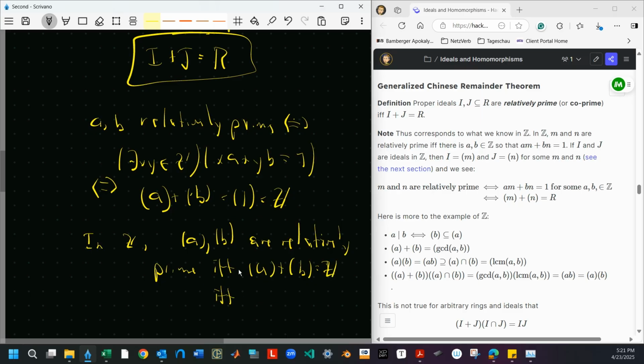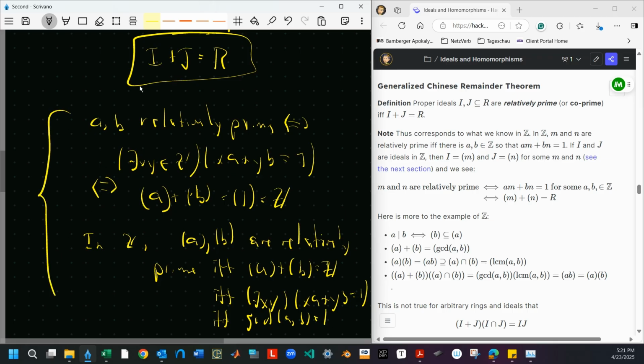If and only if, literally unpacking this, there exist X and Y, because 1 has to be in here, such that XA plus YB equals 1, right? And so this is if and only if the GCD of A and B is 1, right? Which is saying that A and B are relatively prime.